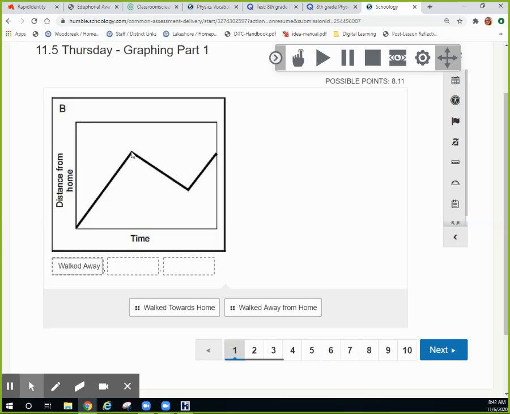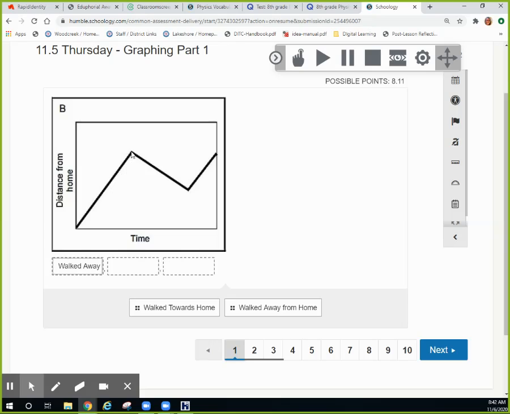This little point right here, they changed direction. So if I asked you to, and you had numbers on this graph, you would be able to calculate the velocity at this point, because velocity is speed with direction. This is how fast this person is moving away from home over time. This line is this person's speed as they leave home.